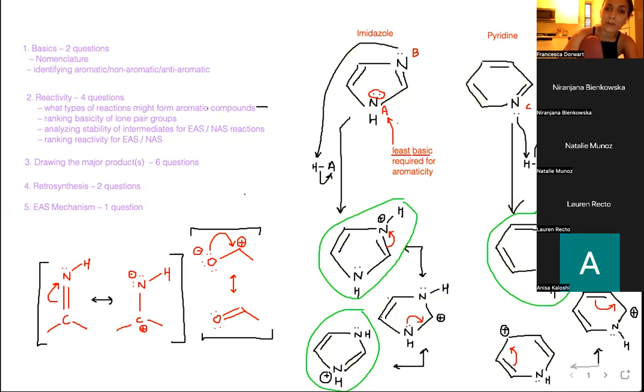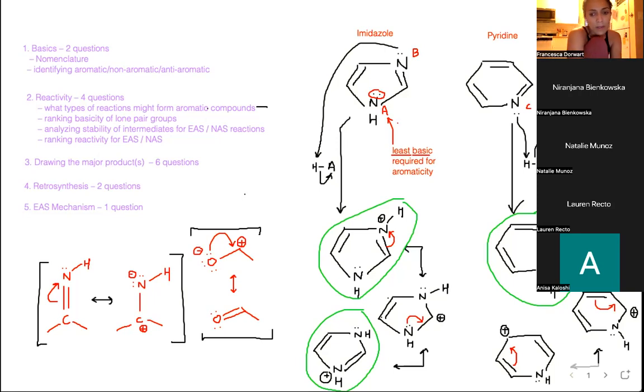So you need to know what reaction a molecule might need to undergo in order to become aromatic. And then drawing some major products, retrosynthesis, like we did in our recitation homework assignments, and then a mechanism, which is basically straight from the book.